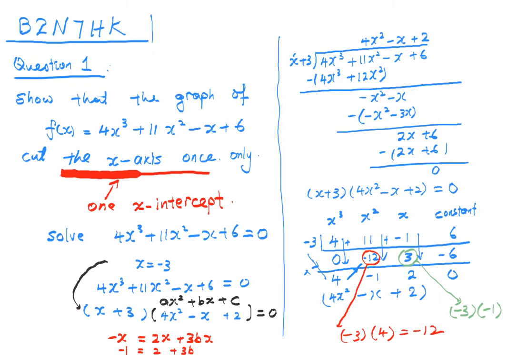For the first method, how do you get the value of b? Look, I'm doing expansion. How many x are there?